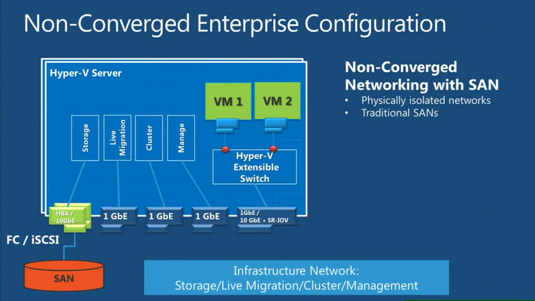If we group these three logically, these are physical NICs connected to separate physical networks. We have physical separation between the infrastructure traffic, the cloud infrastructure traffic, and what we call the tenant traffic, where all the VM traffic comes out of. This is consistent with the guidance we provided you with Windows Server 2008 R2.